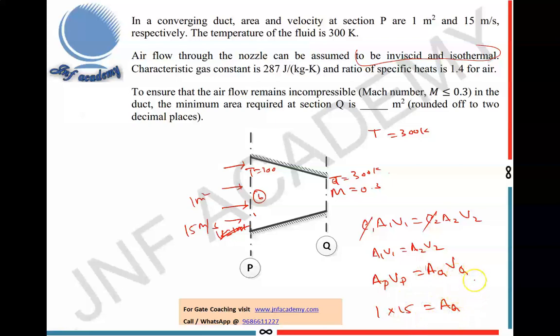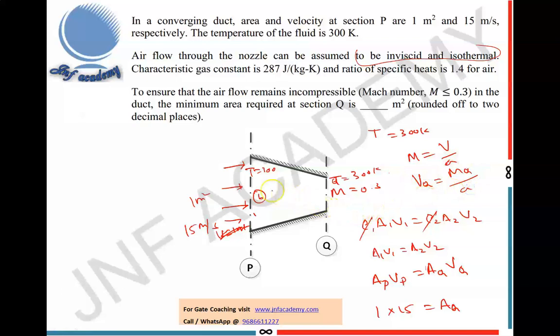We have to find VQ, but some information is given to us. They have told us that the Mach number should not exceed 0.3, and then asked what the minimum area required is. The relationship between Mach number and velocity is M equals V by a. From here, VQ is equal to MQ times the speed of sound a.